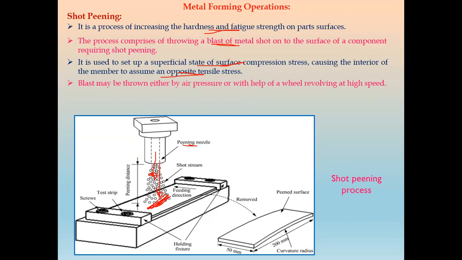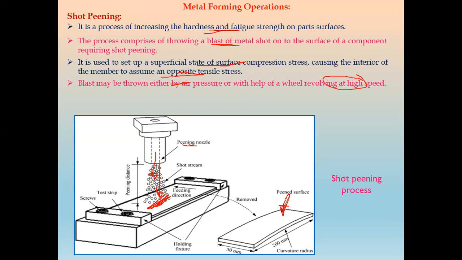The blast may be thrown either by air pressure or with the help of a wheel revolving at high speed. After removing this blast, the surface will be a peened surface, that is, a hard surface, and the fatigue strength is very high.